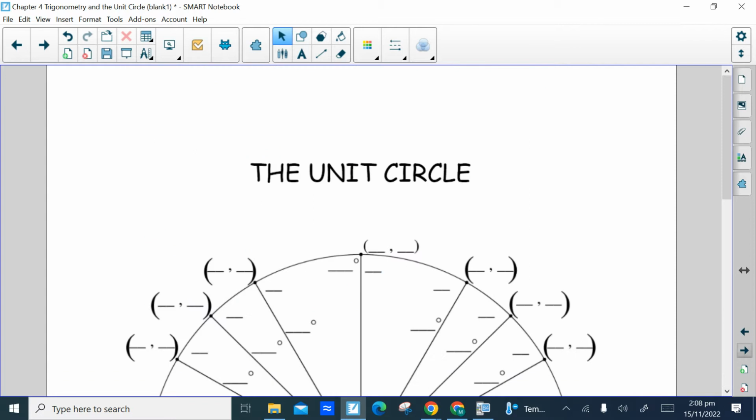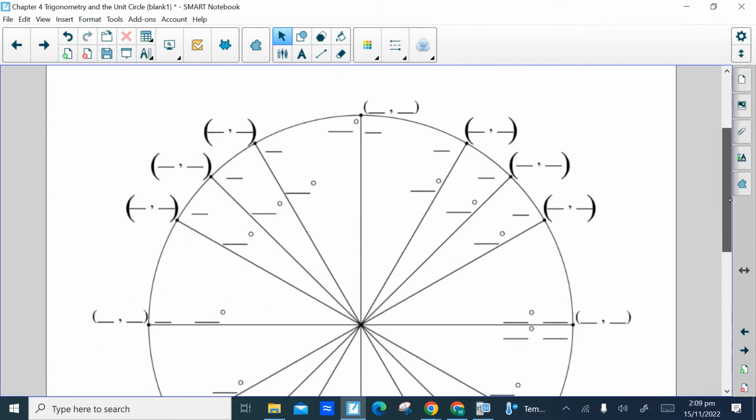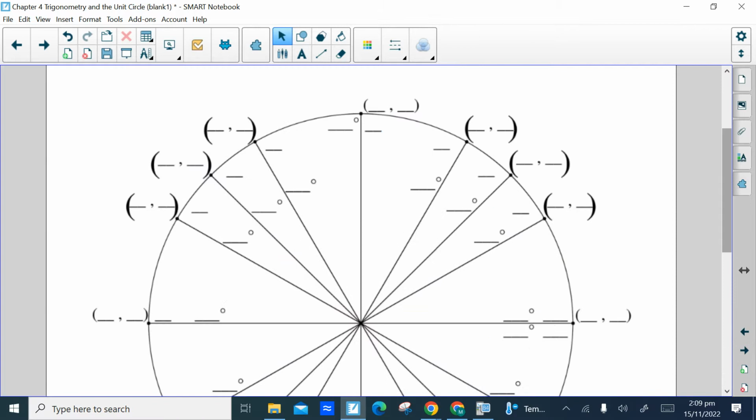So last class we saw that we have the unit circle, and we just basically looked at the first quadrant of the unit circle as well as north, south, east, west points on the unit circle. And we talked about the fact that you have to be able to count around the unit circle in terms of both degrees and radians.